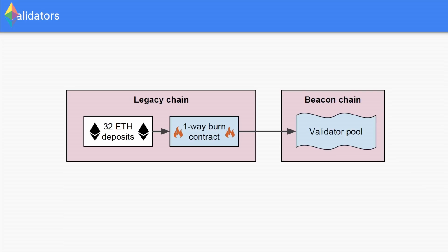It sounds a bit scary, but basically it's the place where you deposit some real ETH in the legacy chain, and then you will be given a slot in the validator pool in the beacon chain. And the reason why it's a one-way thing is because you'll be able to withdraw your deposit and your rewards in the shards. But this withdrawal process will only be possible once we have the EVM 2.0.